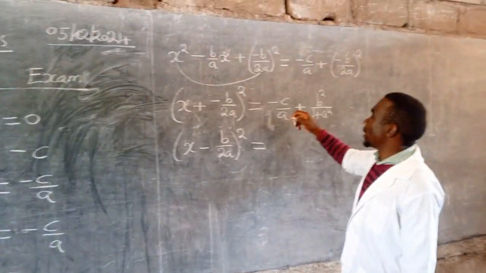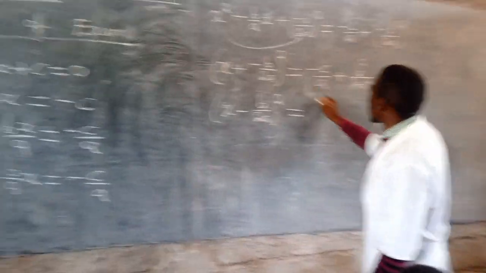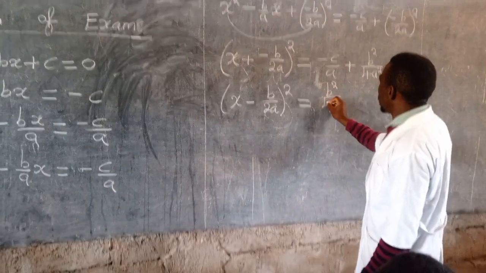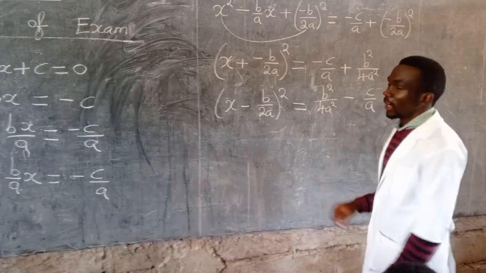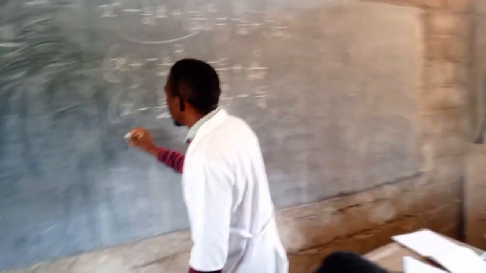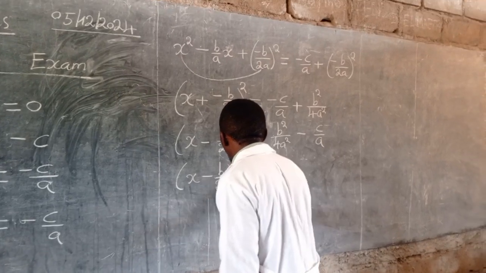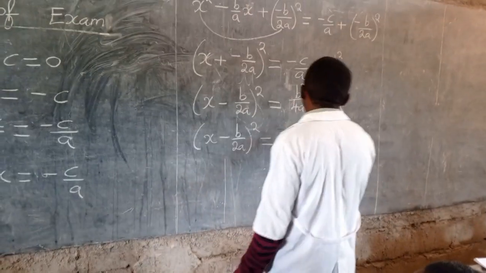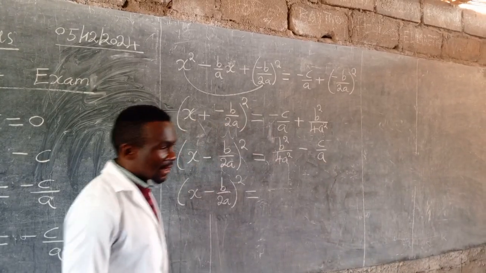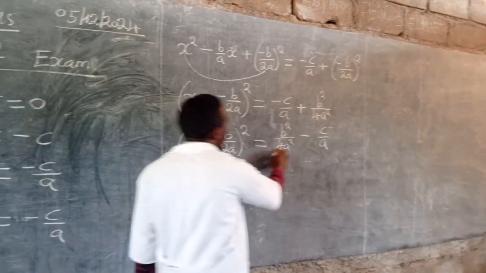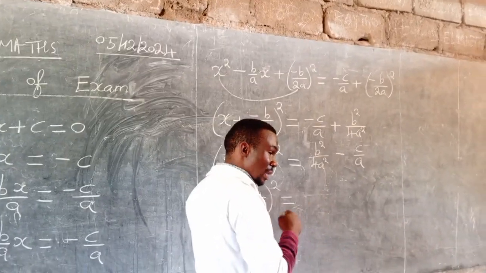So most often in mathematics, we always send in the negative sign to hide it. So this will give us b squared on 4a squared minus c on a. And this will give us x minus b on 2a, all this squared, to be equal to, we need the LCM of the denominators of these two fractions at the right hand side. What is the LCM of 4a squared and a?